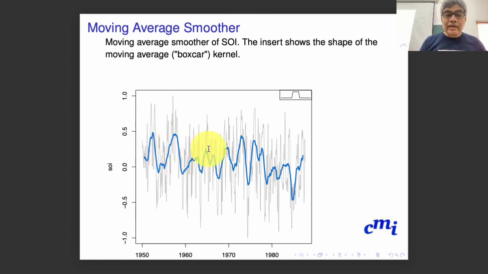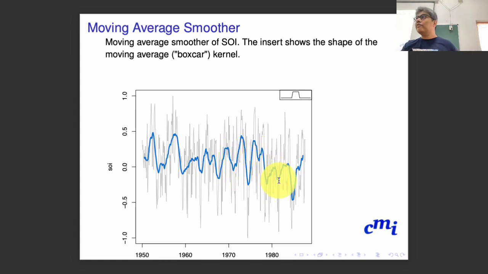And that gives you a sense of how the El Nino cycle was working. So the El Nino cycle is about 5 to 6 years of period. So between 1970 and 1980, if you look into that, you have 2 to 3 cycles. So typically every 4 or 5 years you will see some kind of cycling behavior.